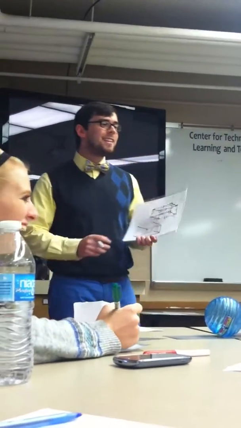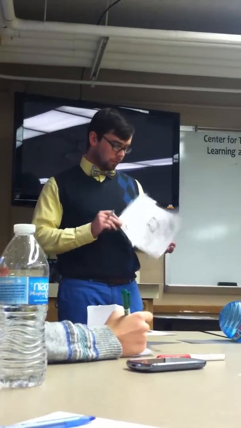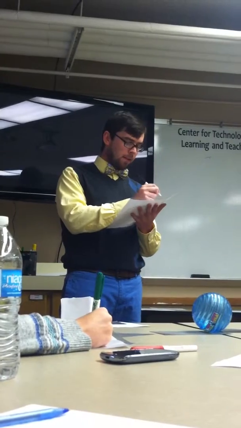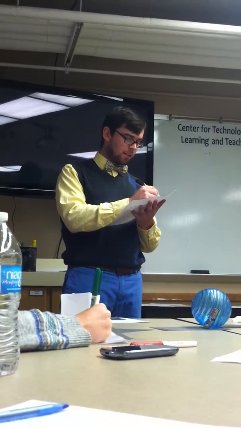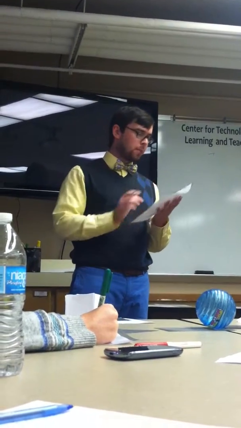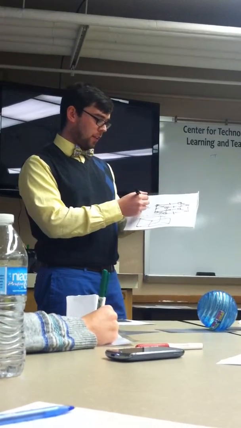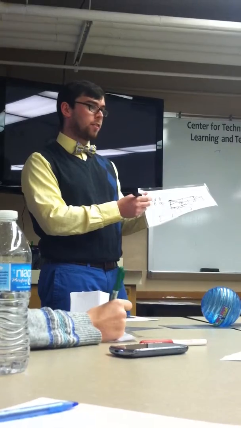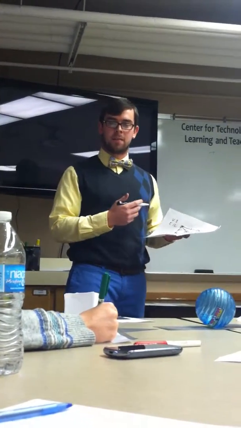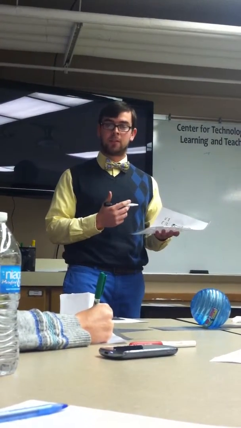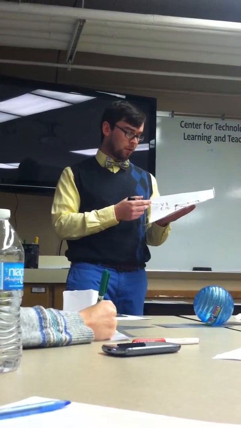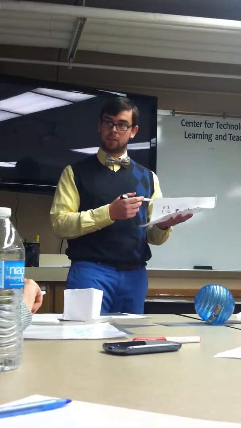I missed that one. 12. Okay. Alright, we can tell from this shape that we have 8 vertices and 12 edges. Because we have a different amount of vertices and edges, we can tell that the shape is three-dimensional rather than two-dimensional, because the number of vertices and edges are not equal.